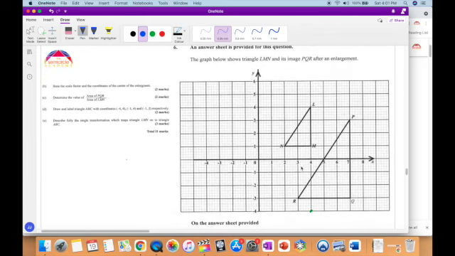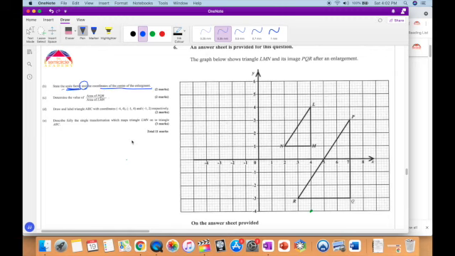This one here was quite a bit tough actually. It's an older question. State the scale factor and the coordinates of the center of enlargement. Right? So you see I have an enlargement here, and they say to state the scale factor of the enlargement and the coordinates of the center of enlargement.